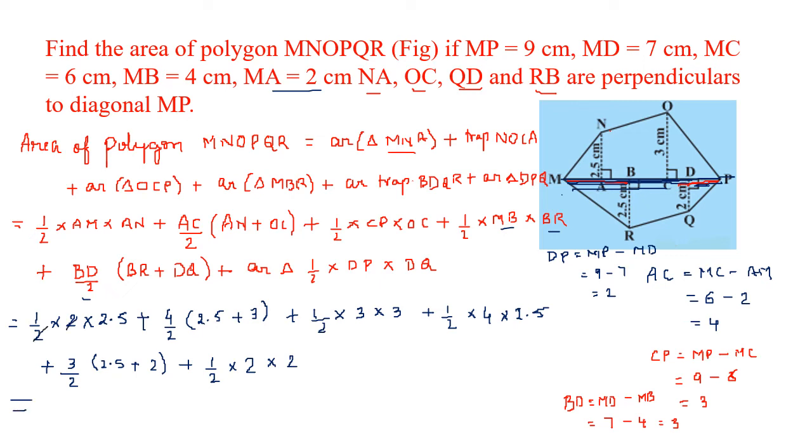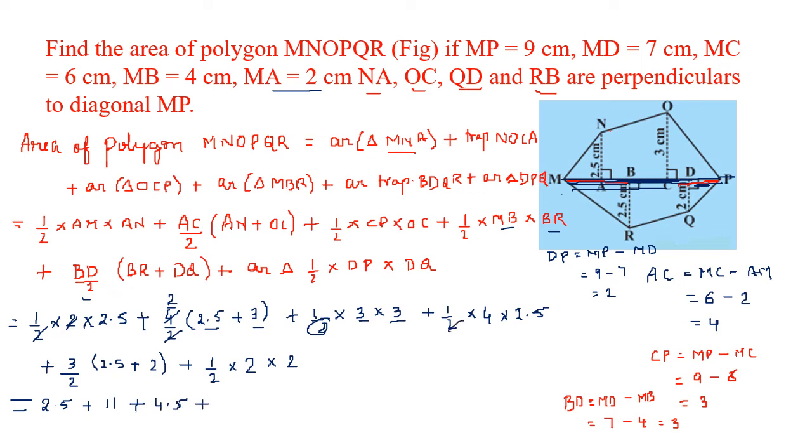Here 2 and 2 get cut, so what remains is 2.5 plus 2 ones are 2, twos are... Now 2.5 plus 3 is 5.5 and 5.5 into 2 is 11. So I get 11 plus 3 threes are 9. 9 divided by 2 gives me 4.5.